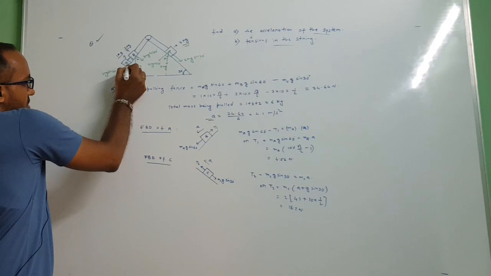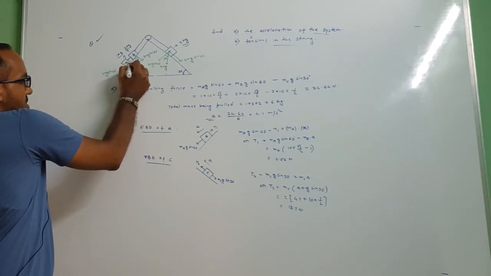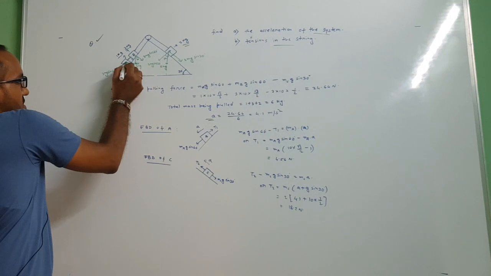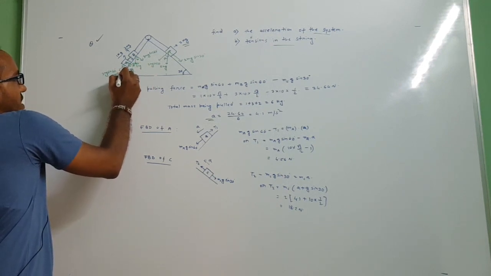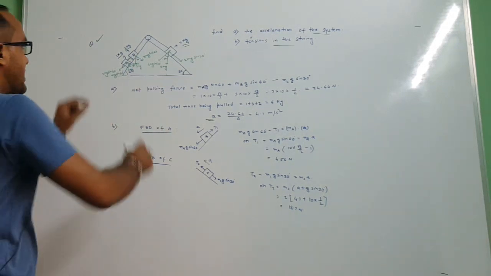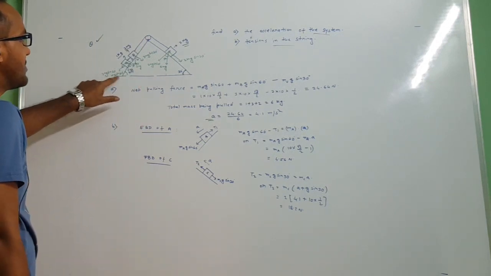Apply the same concept here. This is 1 kg, that is mg, and this is 60 degrees. So this would be mg cos 60 degrees, and this component would be mg sin 60 degrees. So clearly the net pulling forces are 3mg sin 60 and mg sin 60.